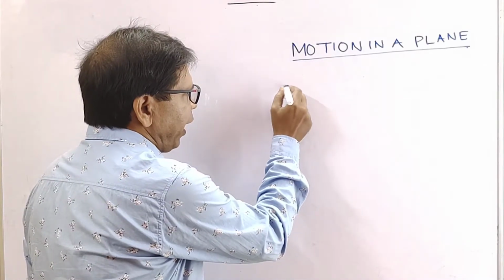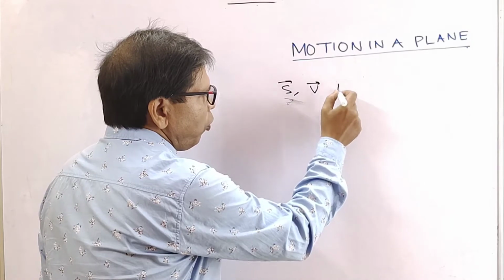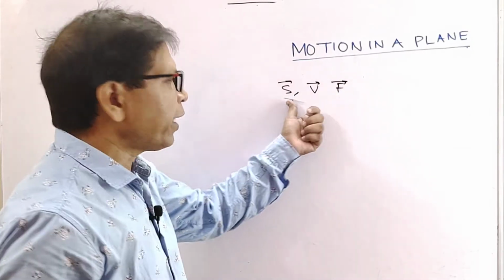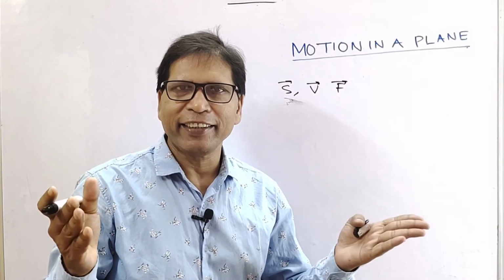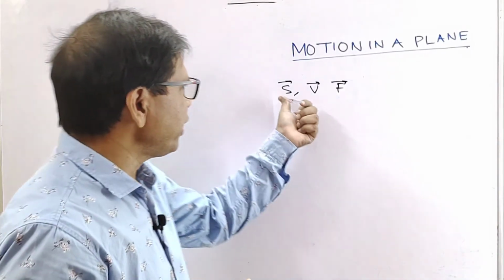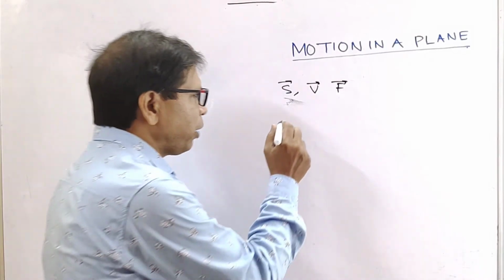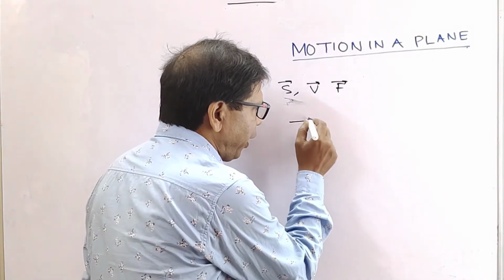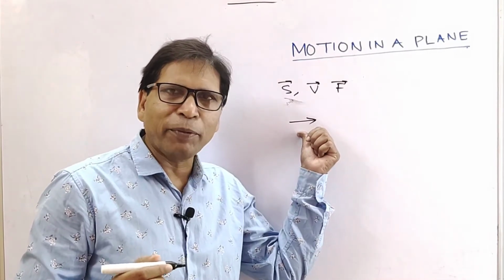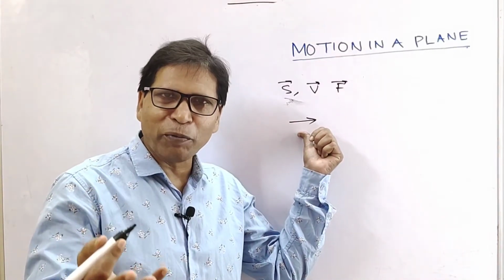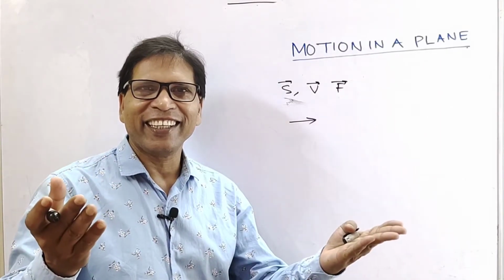And quantities like displacement, velocity, force have both magnitude and direction. These are called vector quantities. Vector quantities are represented by a line segment with an arrow. The length of the line segment represents the magnitude of the vector and the arrow represents the direction.